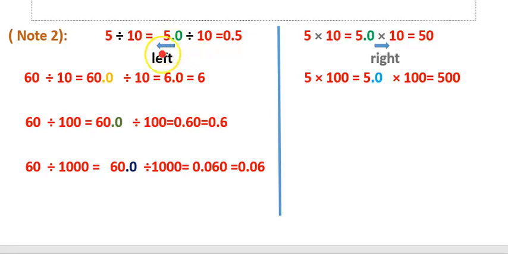This arrow is left, which means move it to the left. This note says: move the decimal point to the left when you divide by 10, divide by 100, or divide by 1000. In this example, I will move the decimal point one place to the left.